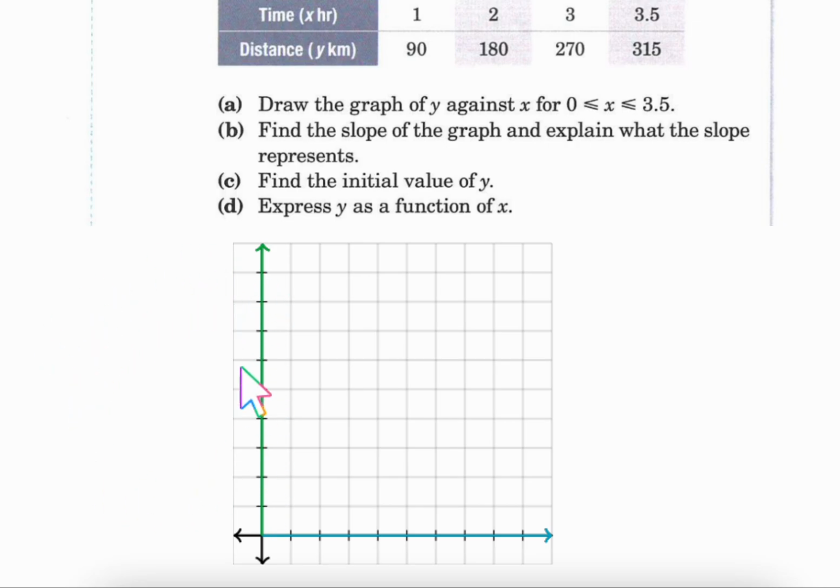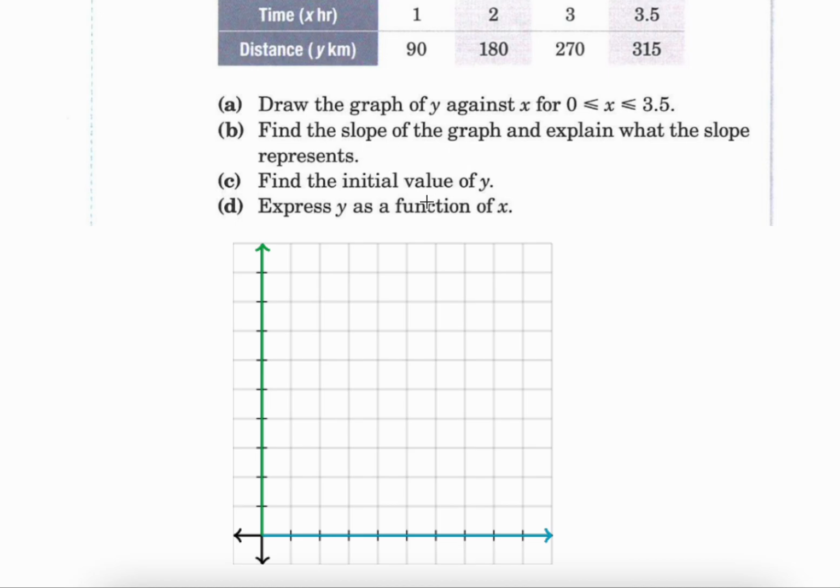We don't care about the negative values because your car isn't going negative distance or negative hours. So we're just focusing on this quadrant with our positive values. Once we draw that graph, they want us to find the slope of the graph and explain what that slope represents, then find the initial value, and lastly, express the relationship as a function.